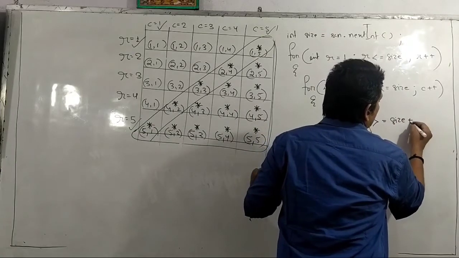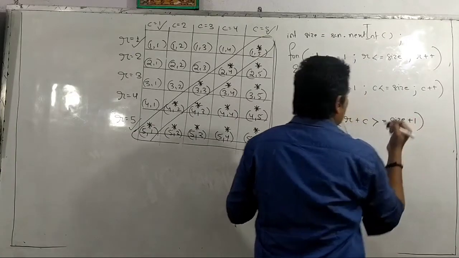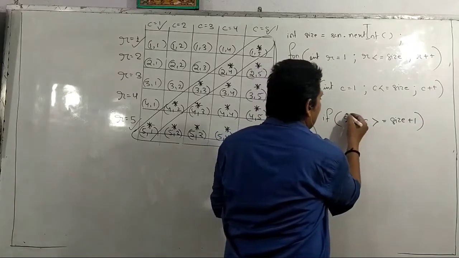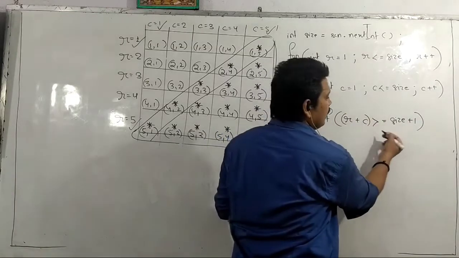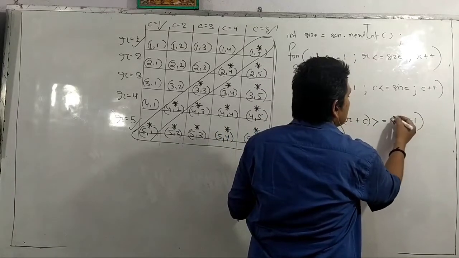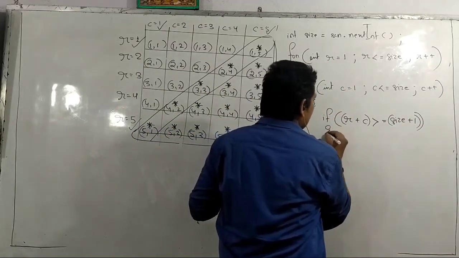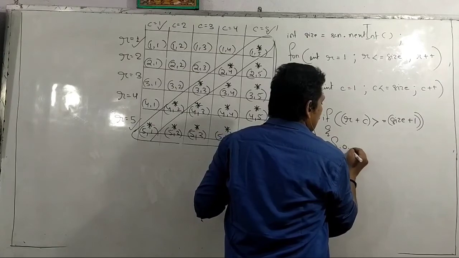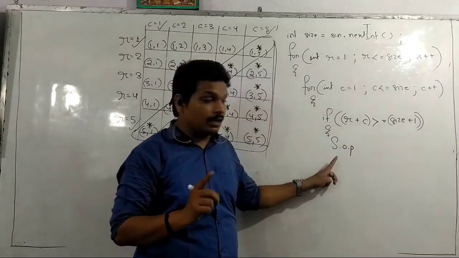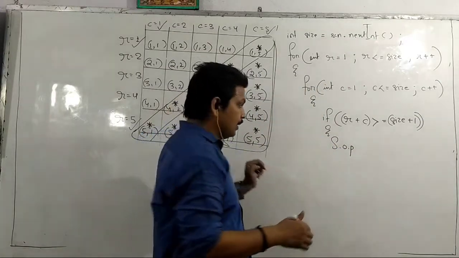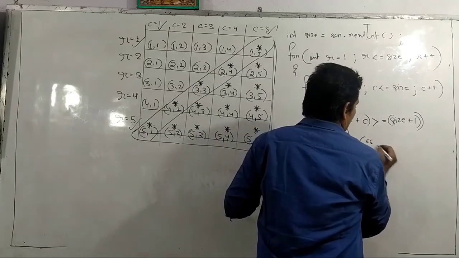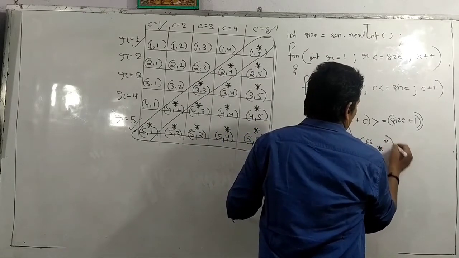Yes or no? Size plus 1. So if R plus C is greater than or equal to size plus 1, then System.out.print, not println, System.out.print, we will print 1 star.